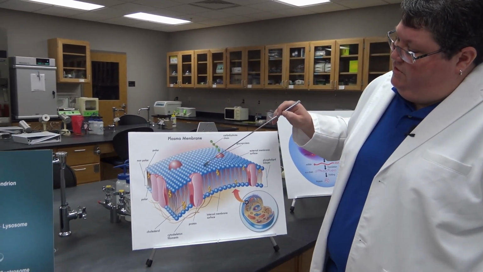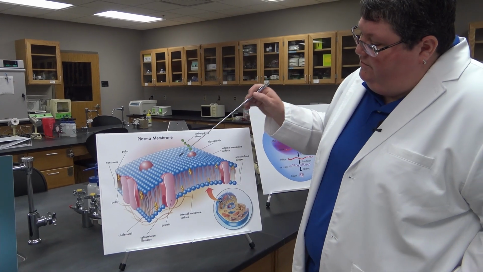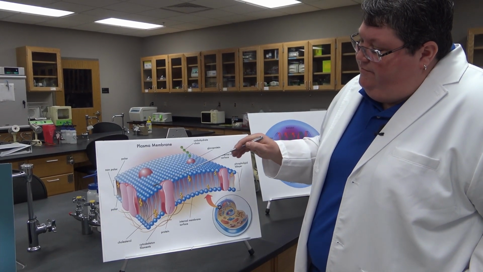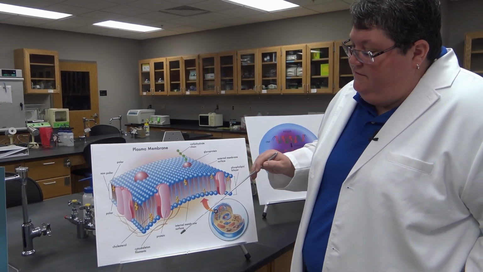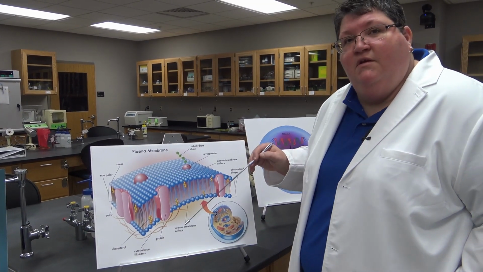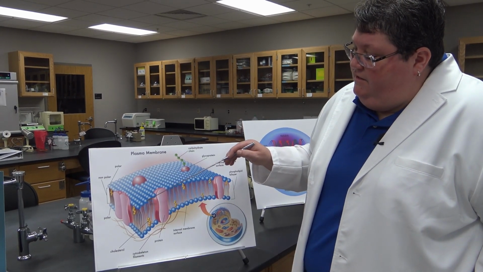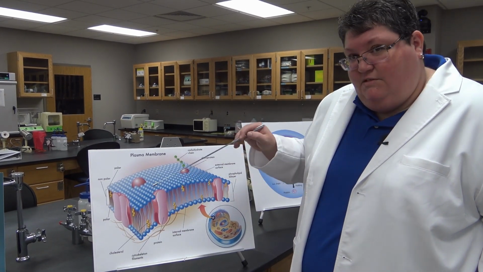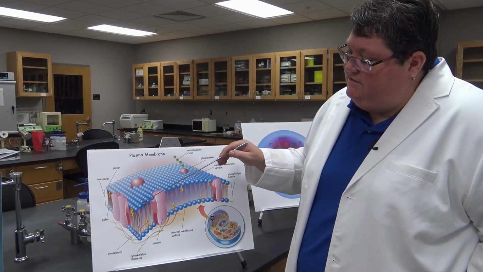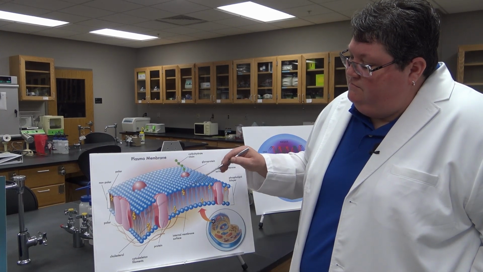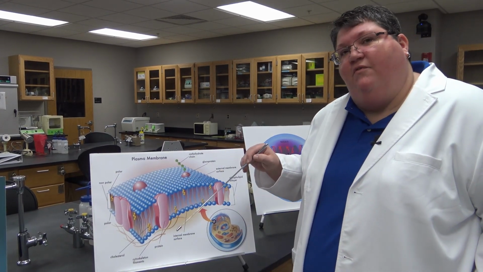So here's an up-close picture of our cell or plasma membrane. It is a big double layer of fat. There's all types of fats that exist, and the scientific term for these is lipids. So our membrane consists of a very highly organized lipid bilayer, so 2 layers of fat.